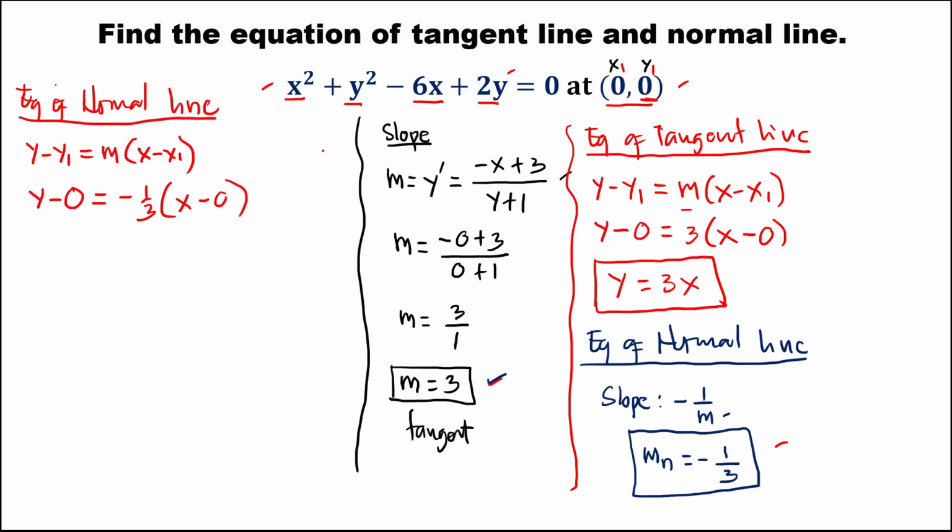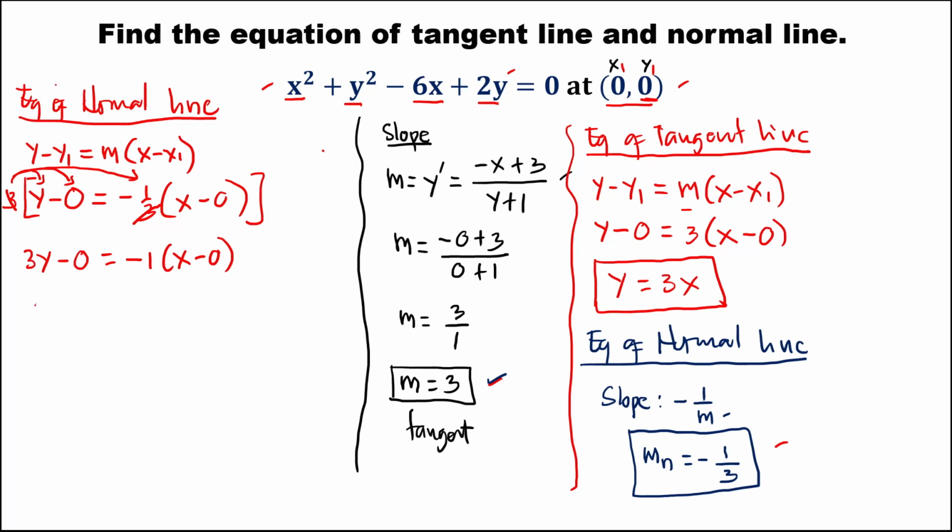If the equation contains a fraction, you can simplify by multiplying the whole equation by the denominator, so times 3. This becomes 3y minus 0 equals, and you can cancel the 3, so negative 1 times x minus 0.